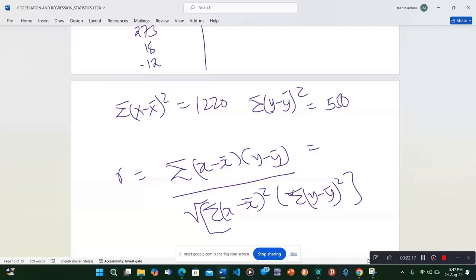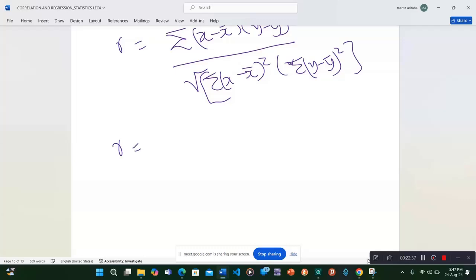We have 679 divided by square root of, okay, let us put them down here. R will equal to 679 divided by root of 1220 times 550.